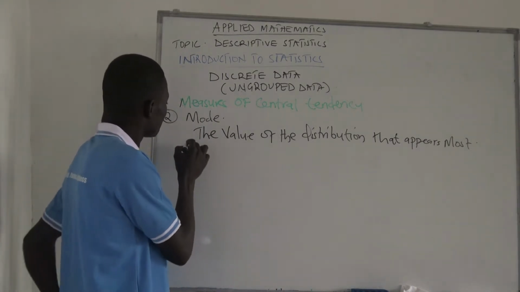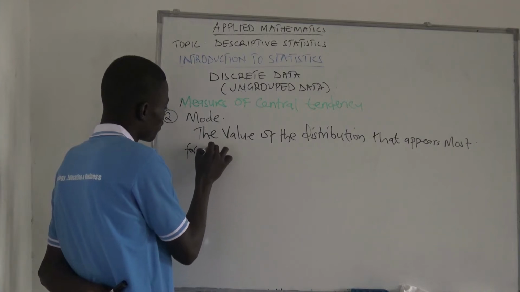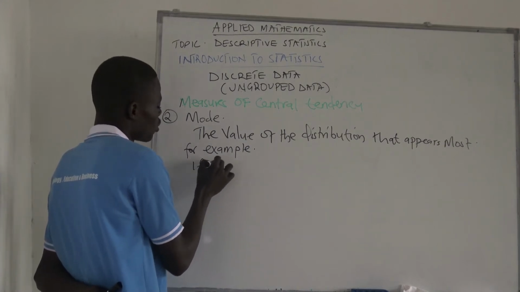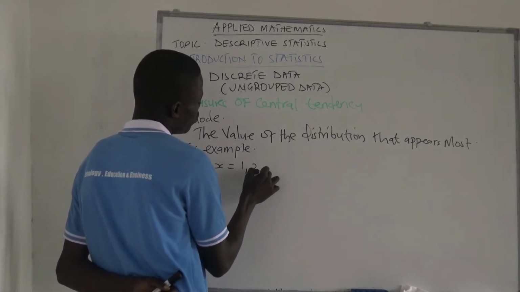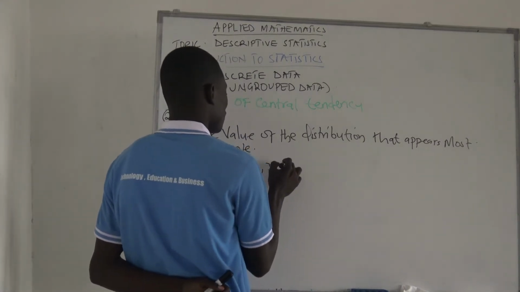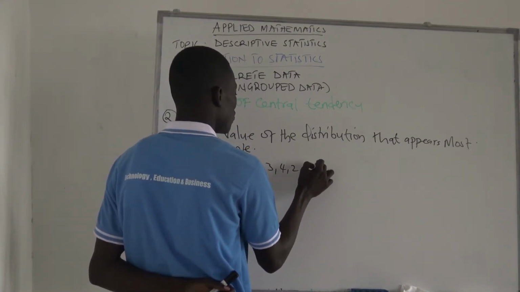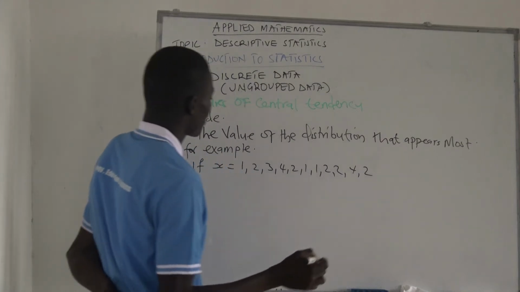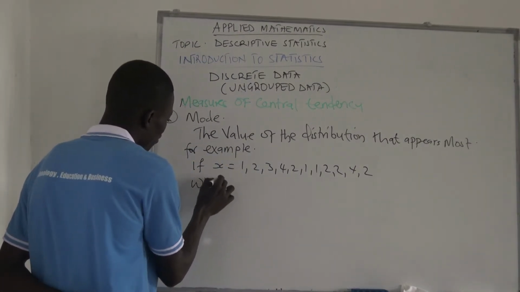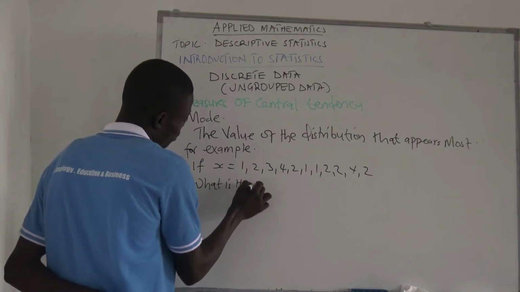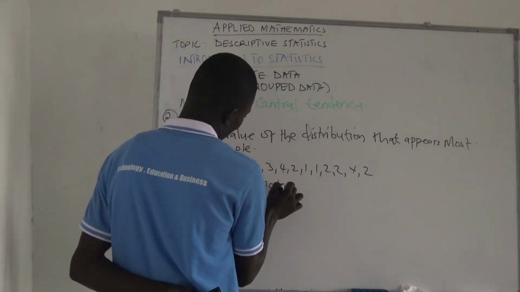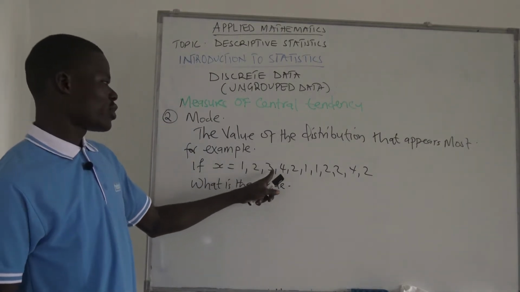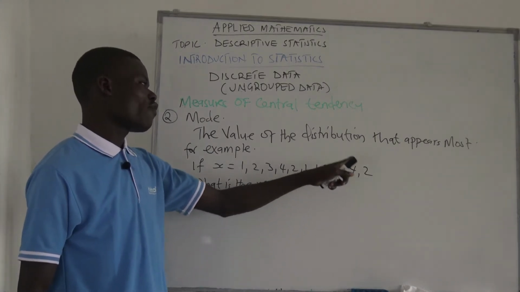For example, if x equals 1, 2, 3, 4, 2, 1, 1, 2, 2, 4, 2, what is the mode?